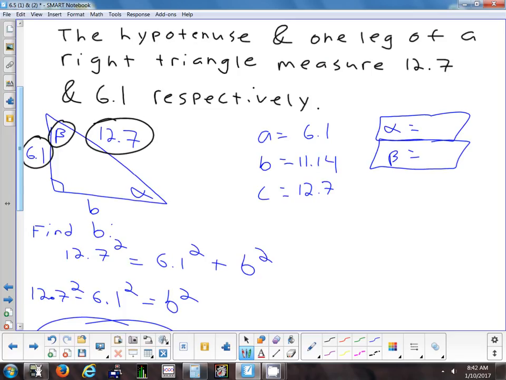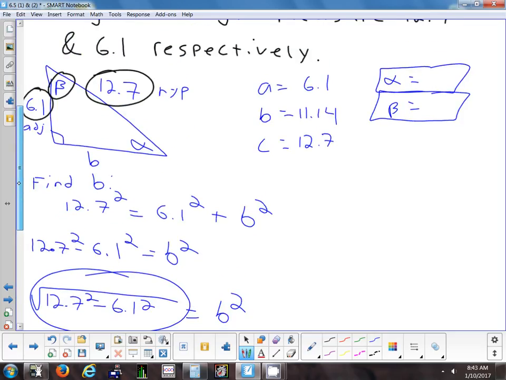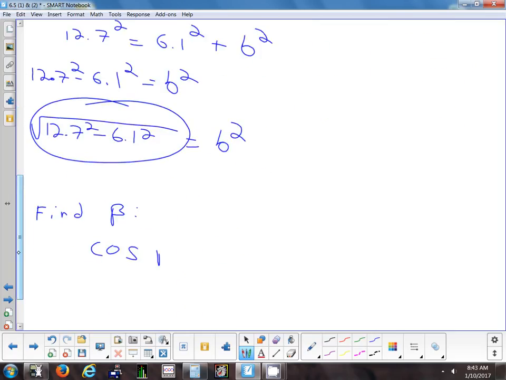What's the name of 6.1 from the perspective of beta? It's adjacent. And how about the 12.7? Hypotenuse. Which trig function has those two? Cosine. So what would be my function? Yeah, cosine beta equals 6.1 over 12.7.